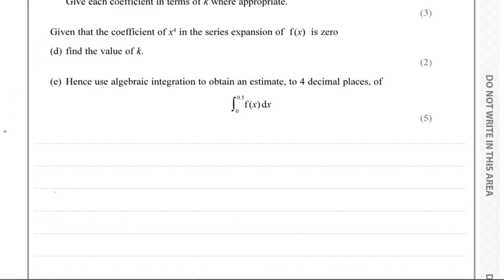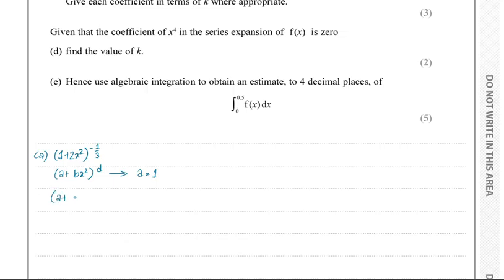So for part A, (1 + 2x²)^(-1/3) is in the form (a + bx²)^d, where a equals 1, which is a good thing for us, so the expansion will be much easier, and b equals 2 and d equals -1/3.